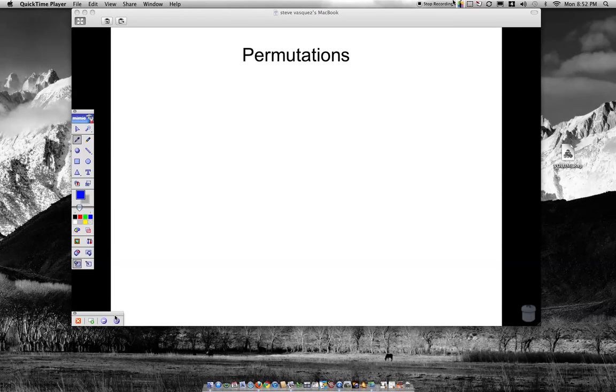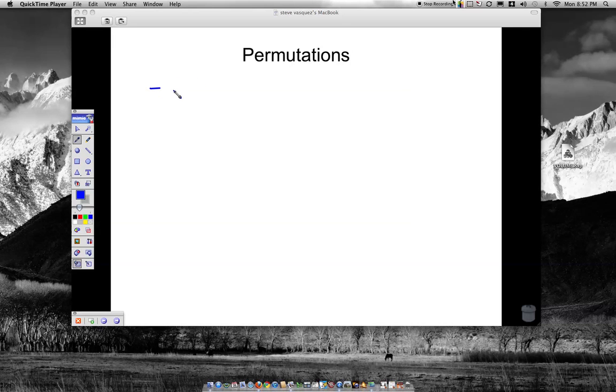Permutations is a way of coming up with the possible ways to figure out a total number of outcomes given a certain type of situation.